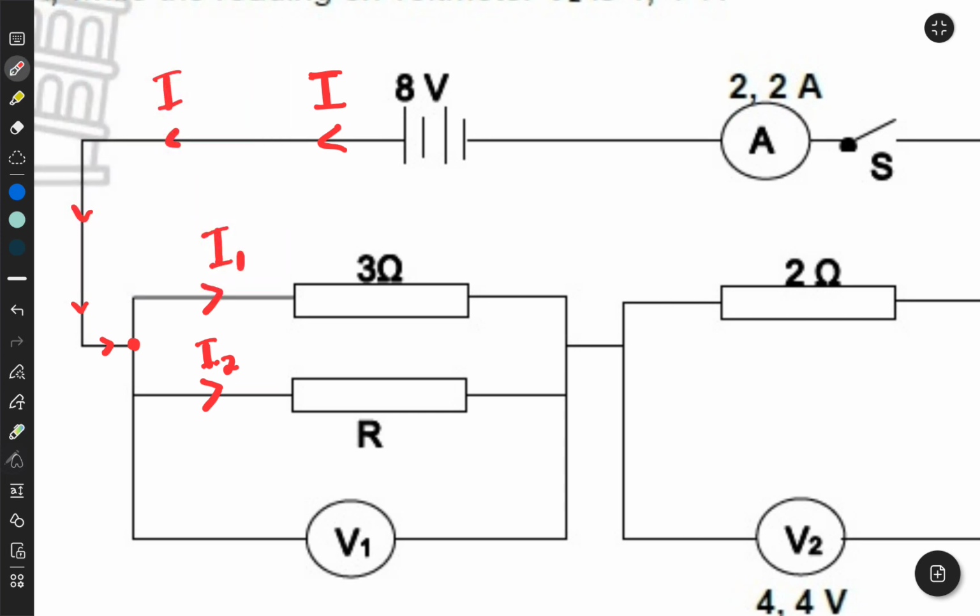So we have I1 and I2, okay? The 3 ohm resistor will receive I1, while the R ohm resistor, because we don't know the magnitude of that resistance, will receive I2. Then at some point, these two currents coincide here again.